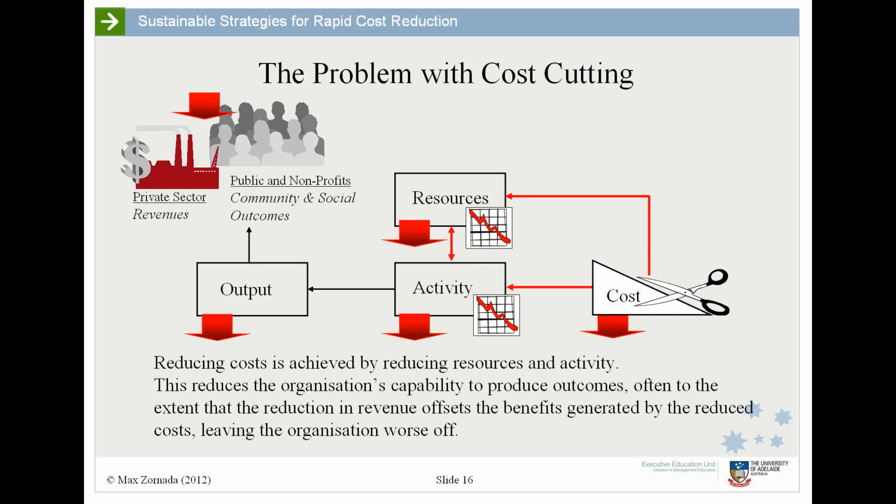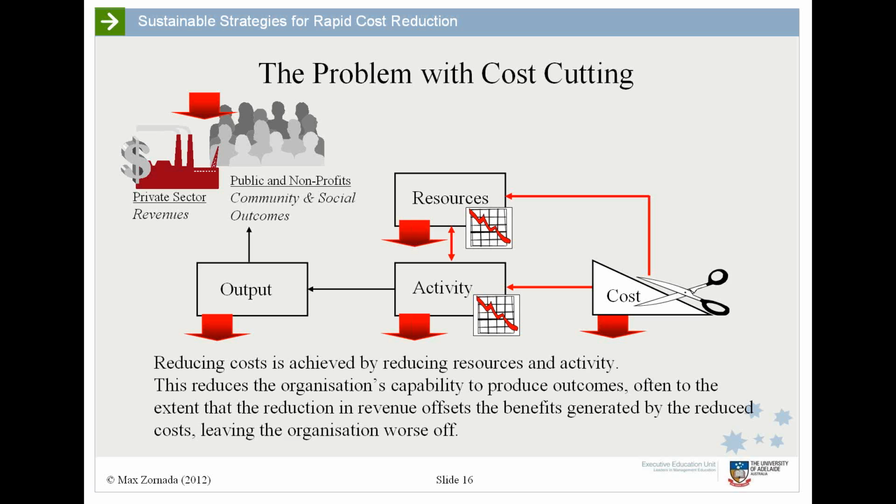Now, when it comes to cost cutting, the conventional approach is that we reduce activity and resources. So often if there's overtime being worked, overtime and contractors are the first to go. And then we may downsize resources in terms of working hours or even letting people go. So that undermines our capability to produce the output.